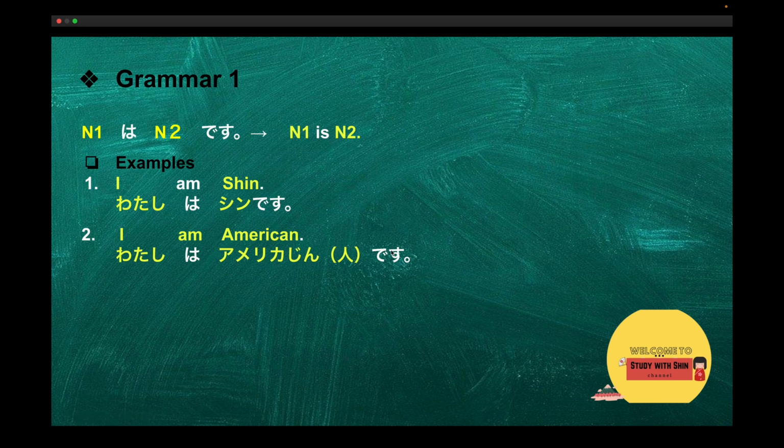And then you add desu. Noun 1 wa, noun 2 desu. Here noun 1 is watashi, and then noun 2 here is Amerikajin. Here in the brackets, I added this kanji, which is the same as jin.